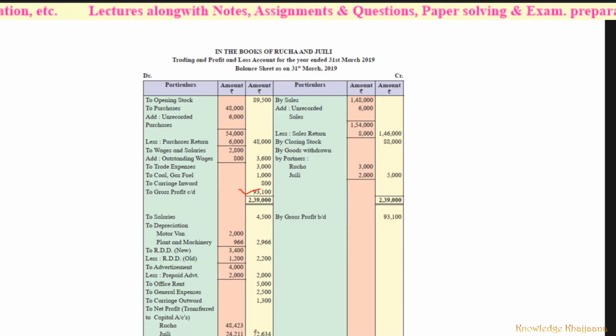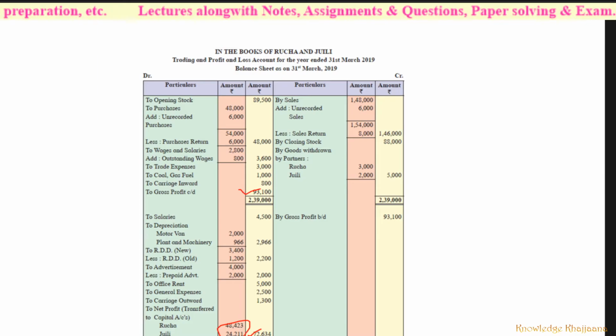Next, our net profit was rupees 72,634, and here in the book it is the same 72,634, right? And we had distributed it to Rucha and Julie as the same amounts, 48,423 and 24,211. So this is matching.